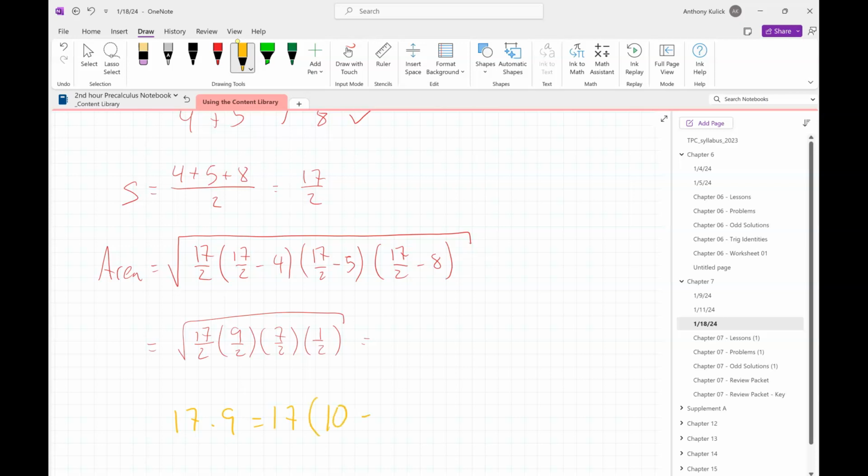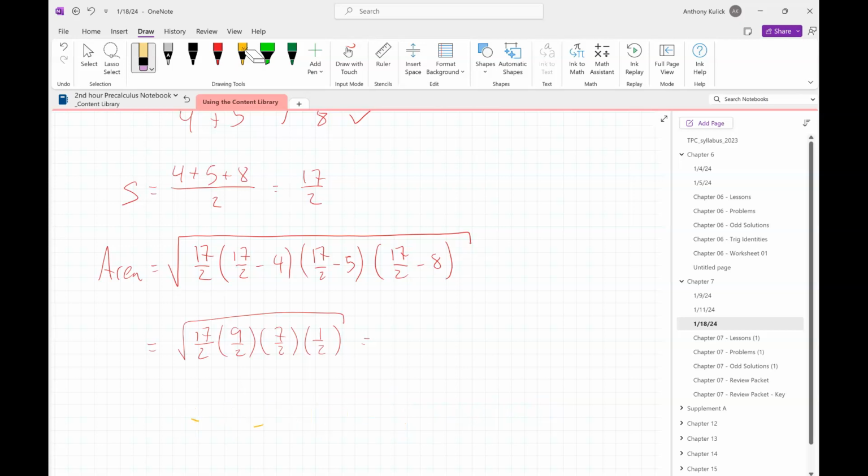This is what I think about in my head. Instead of 9, I'm going to think about it as 10 minus 1, because I can do 170 minus 17 in my head pretty easily. 17 times 9, if I try to carry this, it's a lot harder, right?